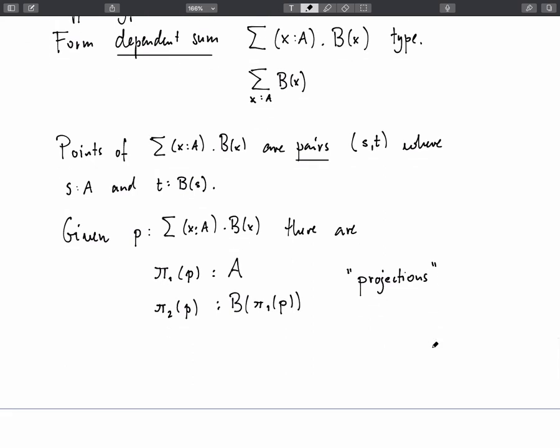Okay, it should be fairly clear so far what we're doing. Okay, we're going to draw a homotopy theoretic picture soon, but let me also write down the equations.